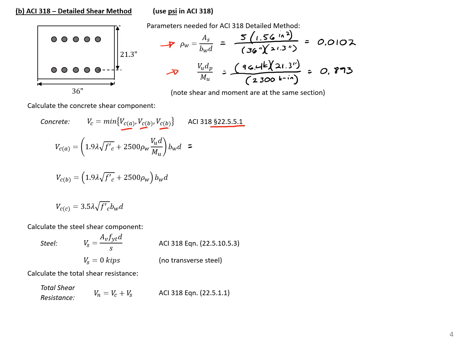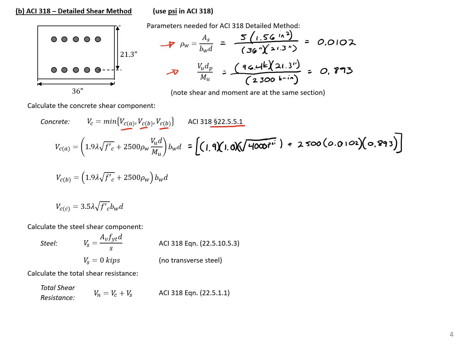So the first equation here, we have 1.9 times 1.0 times the square root of 4,000 psi plus 2,500 times 0.0102 times 0.893, are two values that we found.